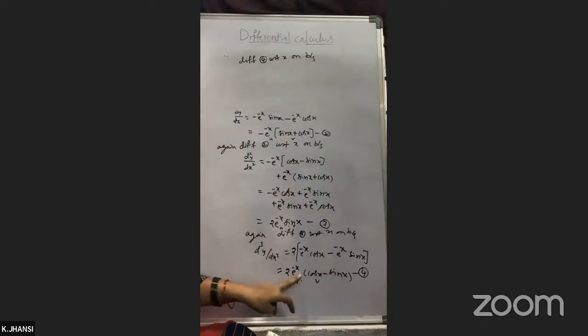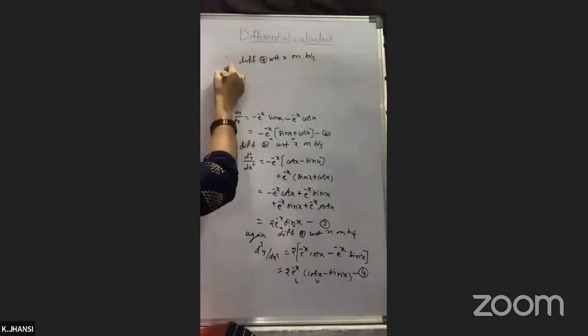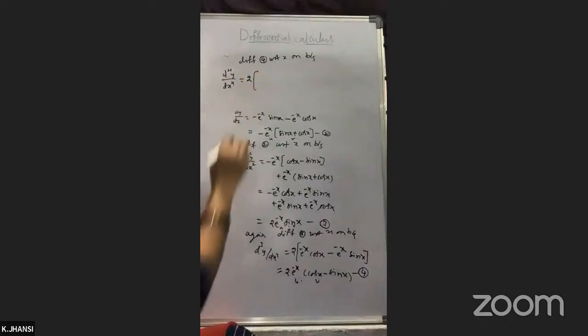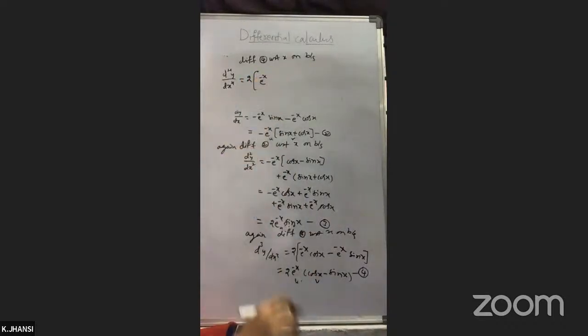Okay, 2 is the common for these 2, no? So what you'll get here, d to the power of 4y by dx to the power of 4. 2 you take as the common for both the terms, and here e to the power of minus x is the constant one. Now differentiate of this one.